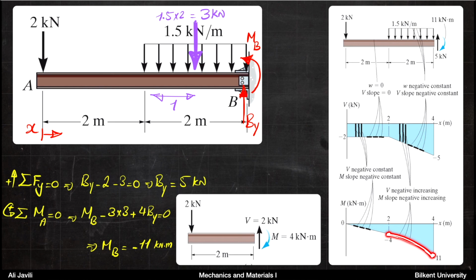At any point of that, because M prime equals V and V is negative, the moment would be decreasing. So the slope should always be negative.